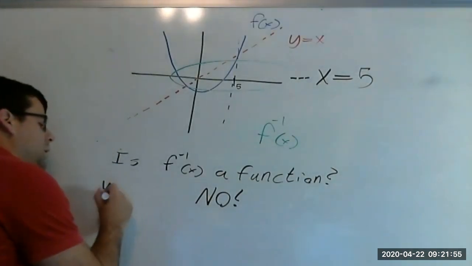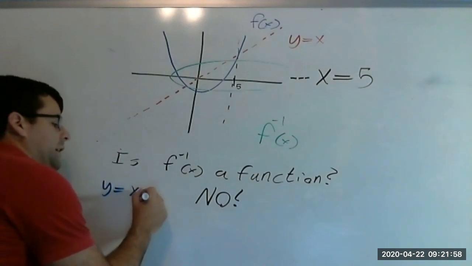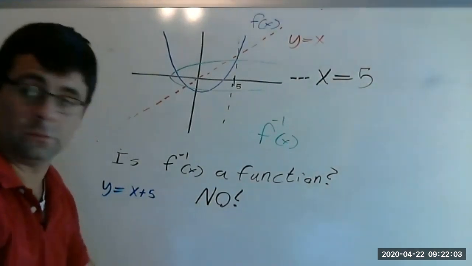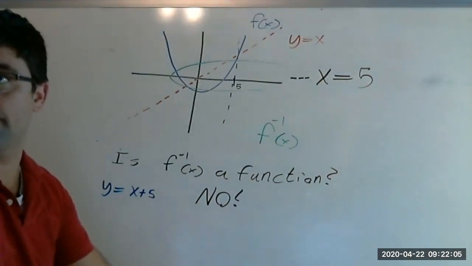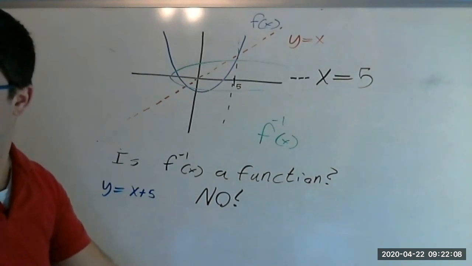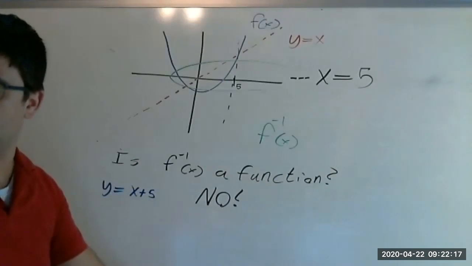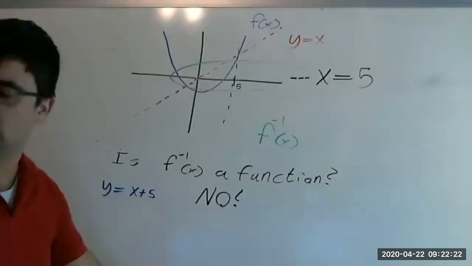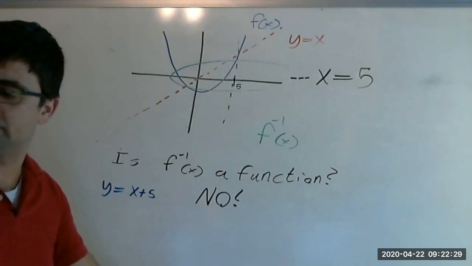When we had y equals x plus 5, to find the inverse, what did we do? Did the opposite. It ended up looking like the opposite of that, but because of the first step, well, I guess because of both steps. But what's the first step?